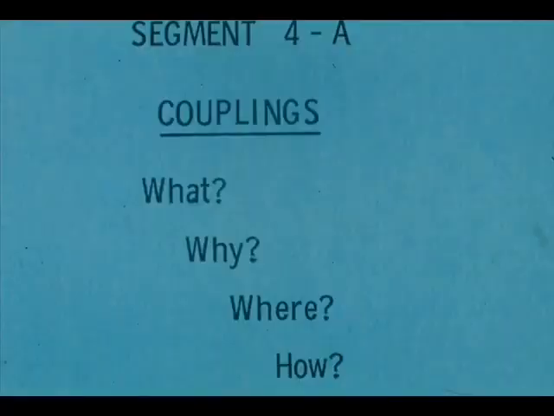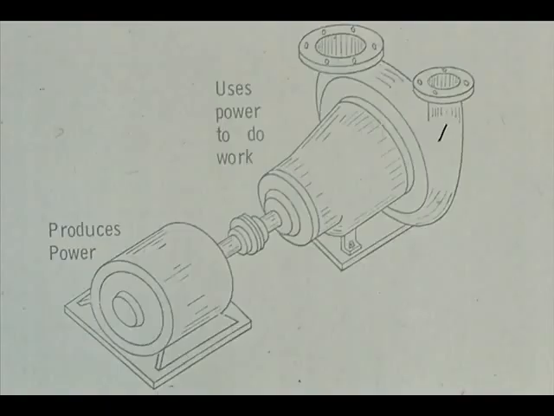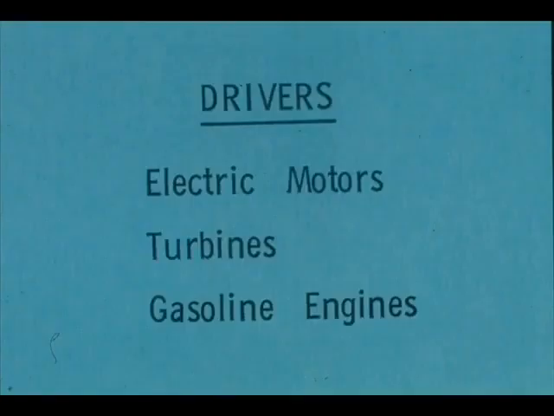But first, you'll need to know what a coupling is, why couplings are used, where they are used, and how they work. Generally, machines that can produce power are made separately from machines that use power to do some form of work. Machines that produce power are called drivers.